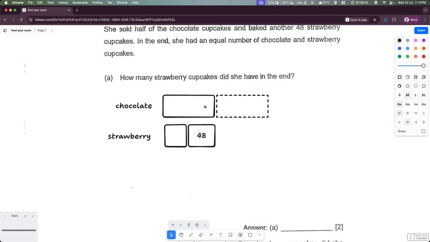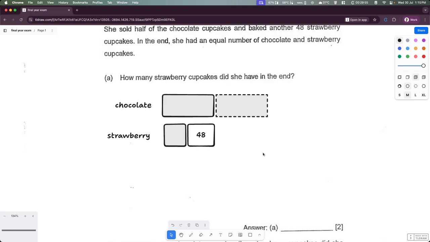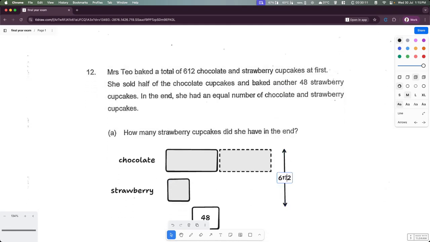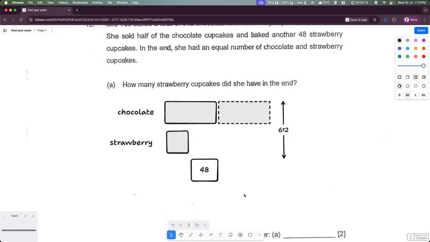So if I put this as original, and this as original, all the original over here is 612. So the arrow I'm going to put here, solid, this is 612, without the 48. What that means is if we add the 48, then we actually can get 3 units, correct?